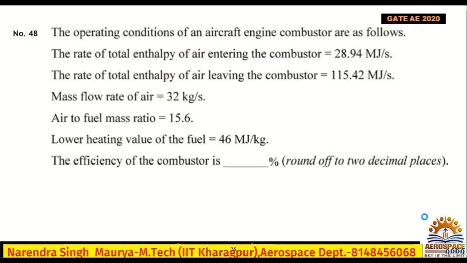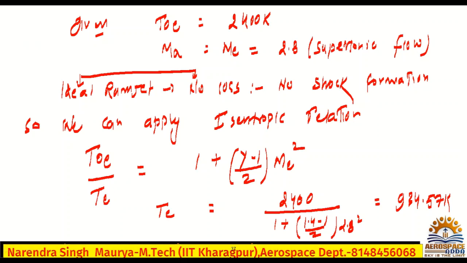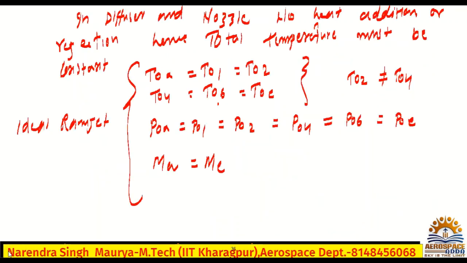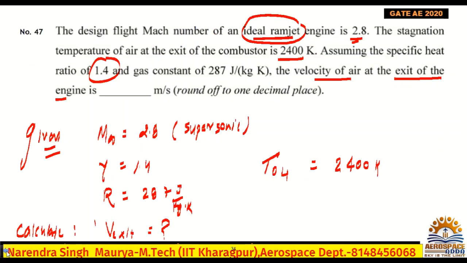What is the TE? 934.57. Here only I can use the relation. They are asking about the exit of the engine, so I can solve here. Let me erase this part.